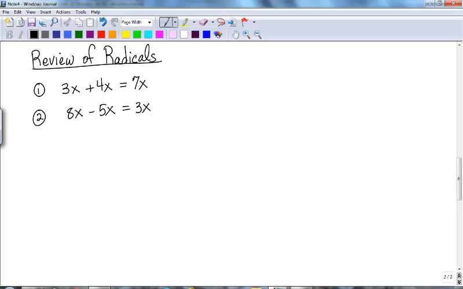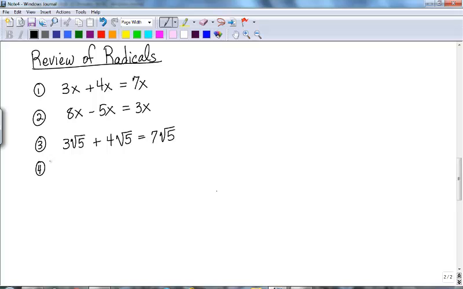Well, you do the same thing when you're working with radicals. So if I had 3 radical 5 plus 4 radical 5, those are like terms. Think of that radical 5 as like an x. So you combine the numbers in front. 3 radical 5 plus 4 radical 5 would just be 7 radical 5. So it's just like combining like terms.